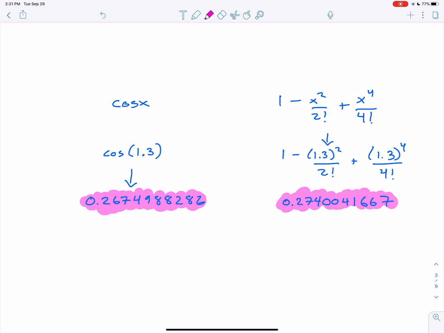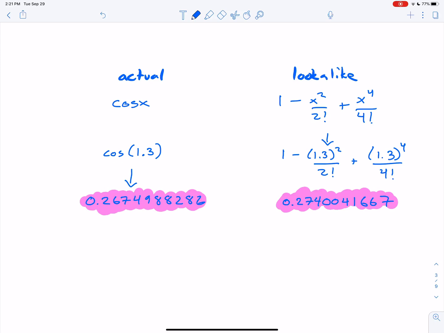Now, were we close? How close were we, and how far were we? So this is our actual, and this is our polynomial lookalike. How would you guys find the error? How far off were we?